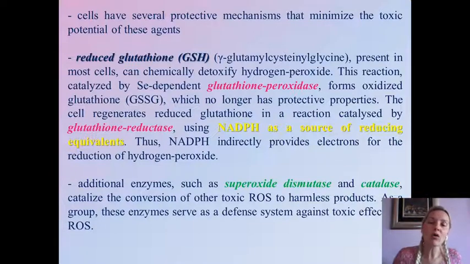So they all together as a group represent the cell's defense system against toxic effects of ROS, and our NADPH from the hexose monophosphate pathway plays an important role in this system.